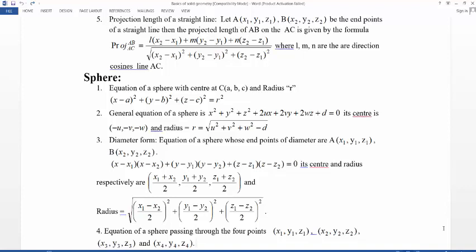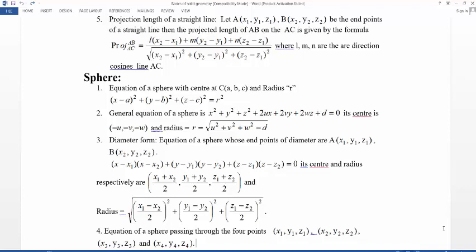The general equation of a sphere is x square plus y square plus z square plus 2ux plus 2vy plus 2wz plus d equal to 0, and its center is given by minus u, minus v, minus w, and radius r is given by the square root of u square plus v square plus w square minus d.